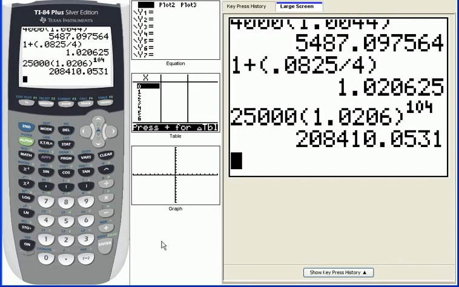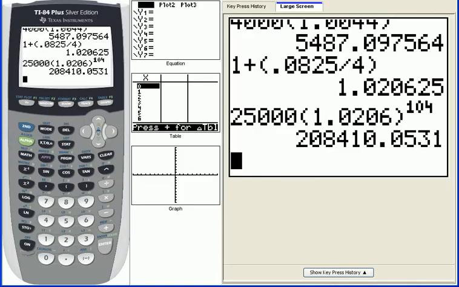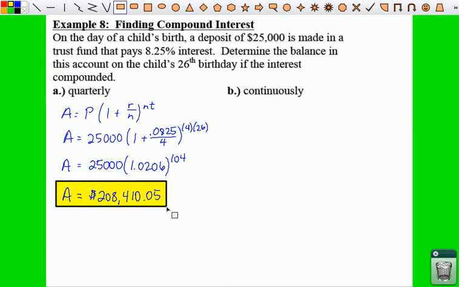Looks a little bit like my yearly income here. So we get $208,410 and 5 cents, and that is if you do nothing with that money. Nice little chunk of change there.